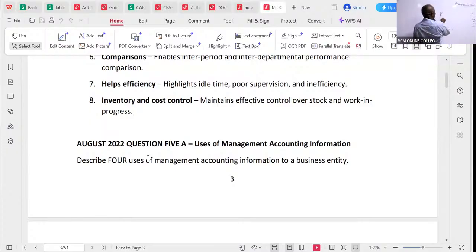So we have the functions of management. If I have management accounting, what will I use it for? Planning, organizing. Yes, I'll be able to organize my stuff very well because I know my costs. Controlling, yes. Coordination, isn't it? Coordination between departments.